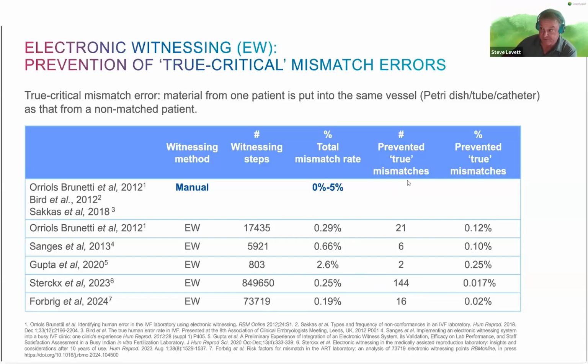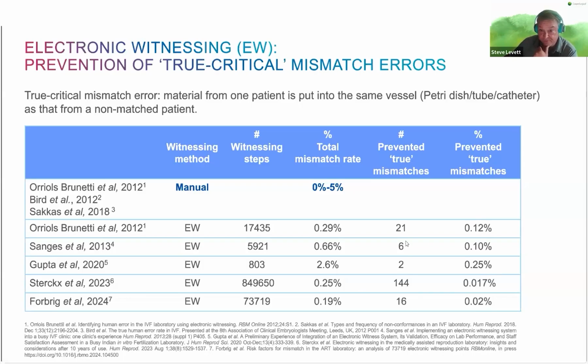But true mismatches, despite our best efforts, still do happen, and electronic witnessing helps us avoid these going any further and causing any clinical calamities. So again, very low levels here, less than 1%, generally less than around 0.1 or lower. This one was an exception, this 2020 paper at 0.25%.